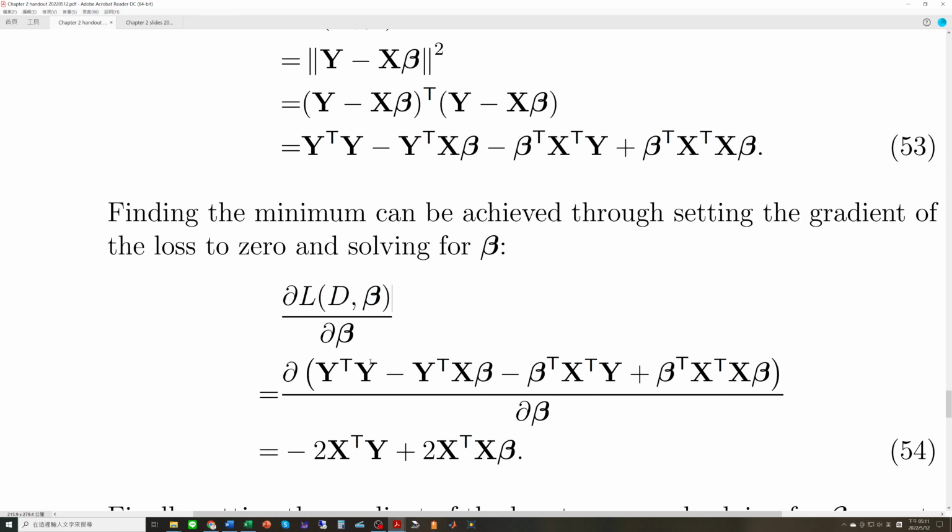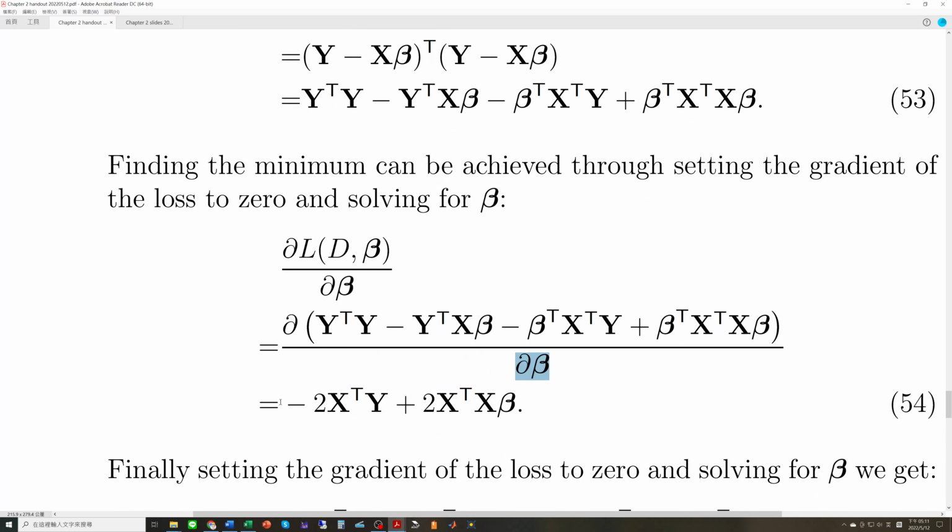It is equal to partial of y transpose y, minus y transpose X beta, minus beta transpose X transpose y, plus beta transpose X transpose X beta, over partial beta.